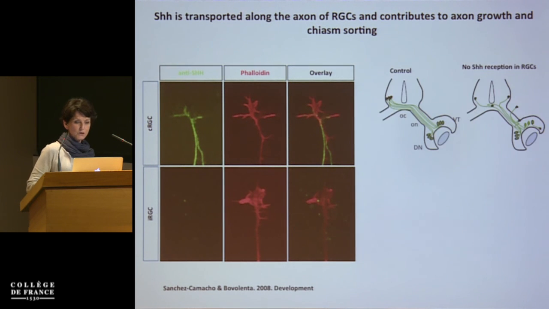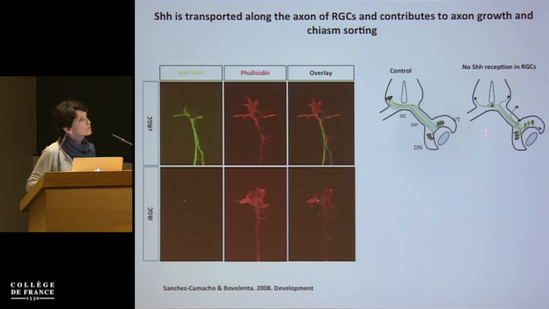And some time ago, we showed that this transport of sonic hedgehog along the axon is relevant to promote the proper growth of the axon along the nerve at the chiasm region, and again help them enter the contralateral side of the brain.